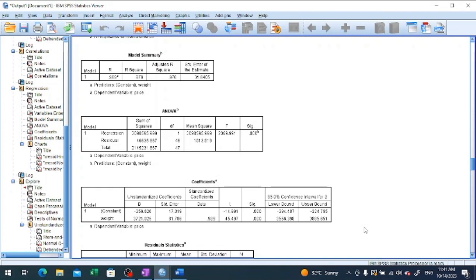Same over here. We have taken this relationship that weight is influencing the price of diamond in the market, but that's not the whole case. Besides weight, there may be so many other factors that influence price determination in the market.